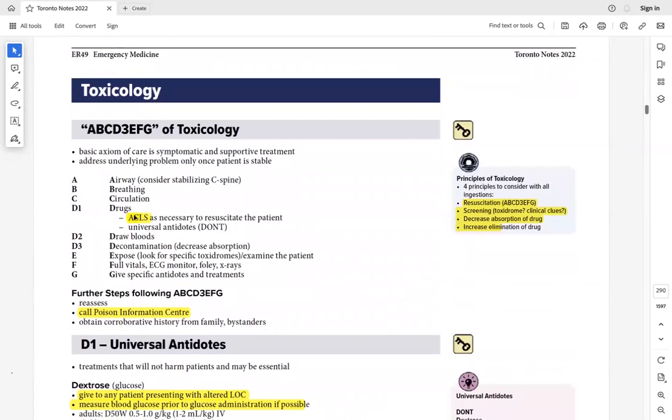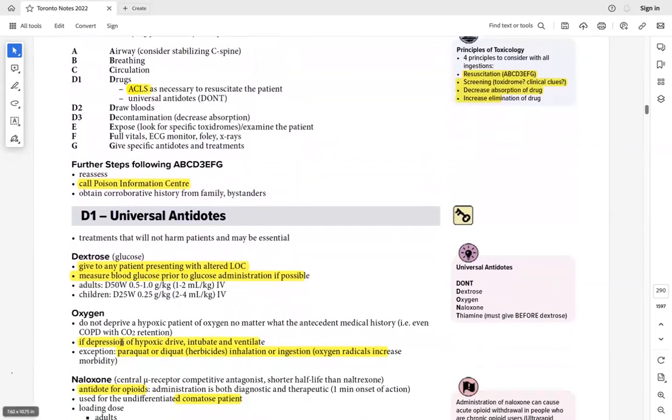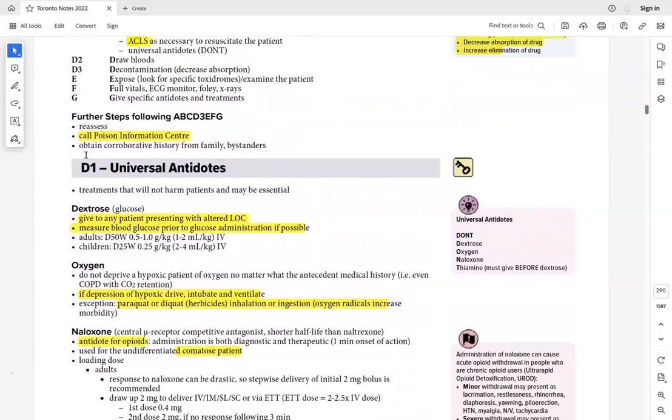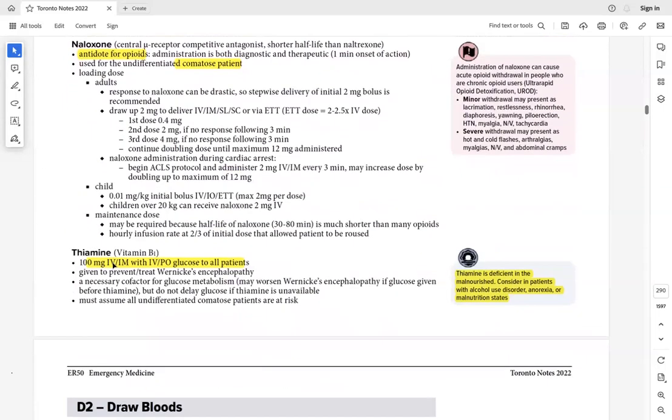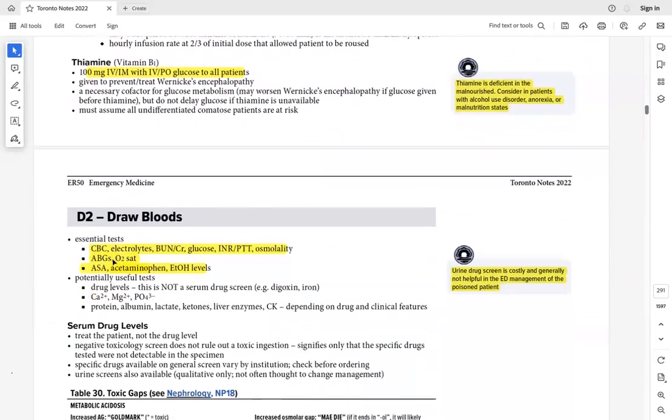Toxicology, any person coming with toxicology, the basic treatment is this: dextrose, oxygen, naloxone, and thiamine. Along with that, inform the poison information center, and we are starting the patient with activated charcoal. That's the basic.